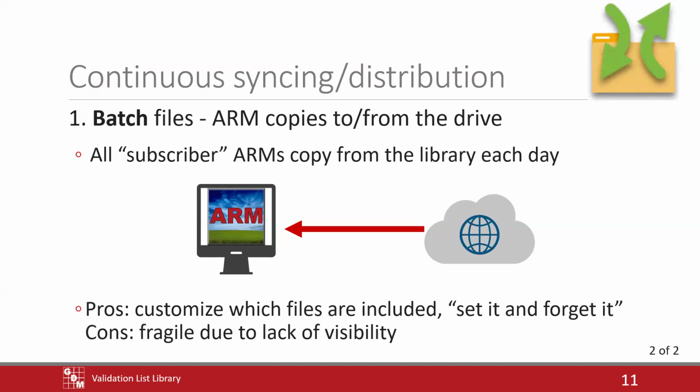That benefit is probably also the only con, the only disadvantage I can think of: it can be fragile if people forget that the system is in place. Just because you don't even see it, you don't think about it.